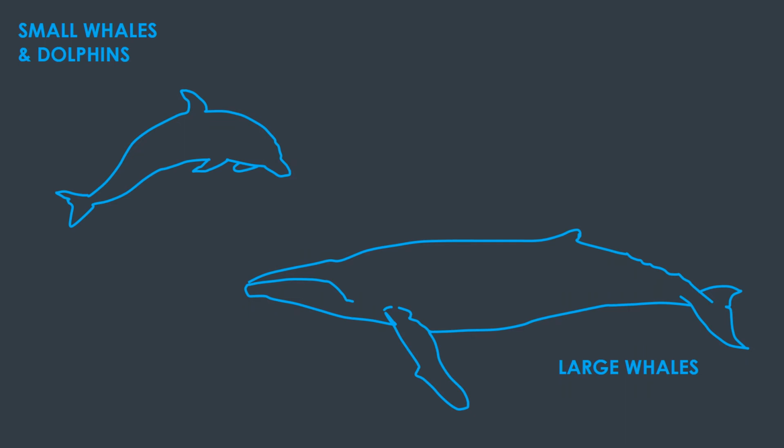The dorsal fin of large whales tend to be small in comparison to their body size. Some large whales may not have visible dorsal fins. Dorsal fins tend to be more pronounced in smaller whales, such as orcas and dolphins. The exception is beluga whales, which do not have dorsal fins.